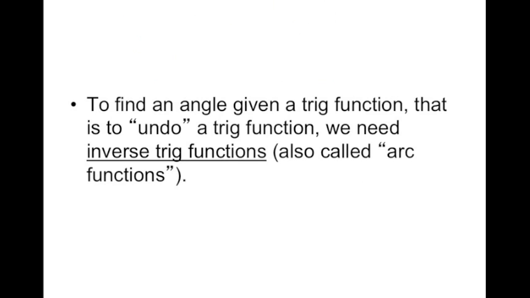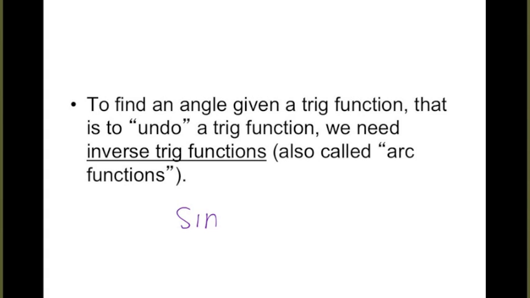For this lesson, our circle and our two special triangles are going to be really important to us. This is our way of undoing a trig function. We call them inverse trig. They're also called arc functions. So we say things like arc sine and arc cosine and arc tangent. Our notation is that little -1 notation.